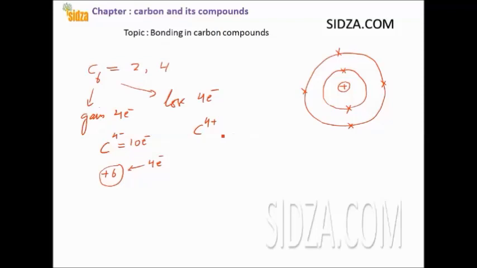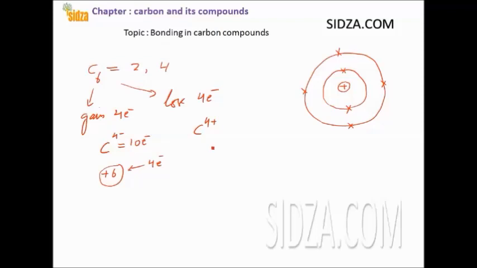Now carbon as C4 plus, if it loses 4 electrons, that again is not possible, because it requires a very high amount of energy to remove the 4 electrons from the second shell of carbon. Therefore, carbon neither gains nor loses electrons to complete its octet.